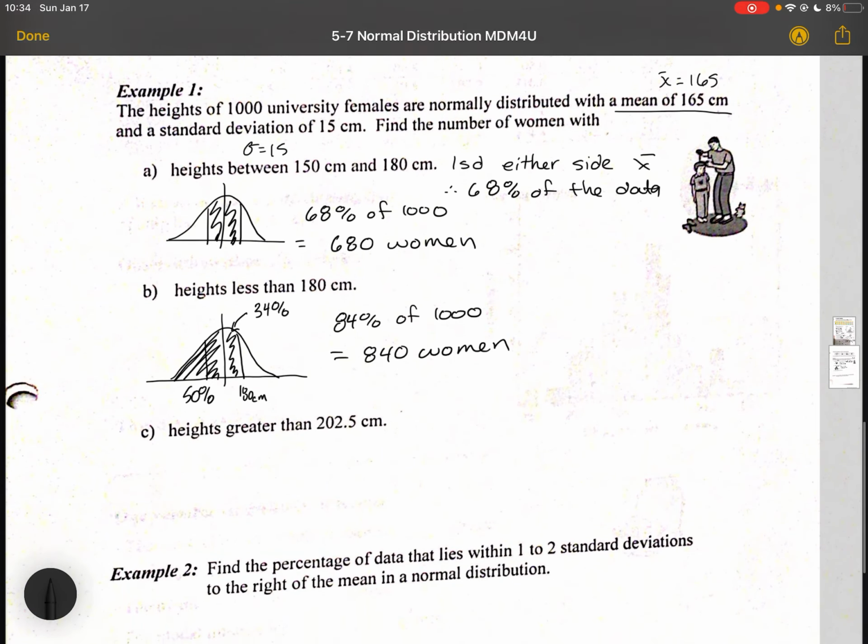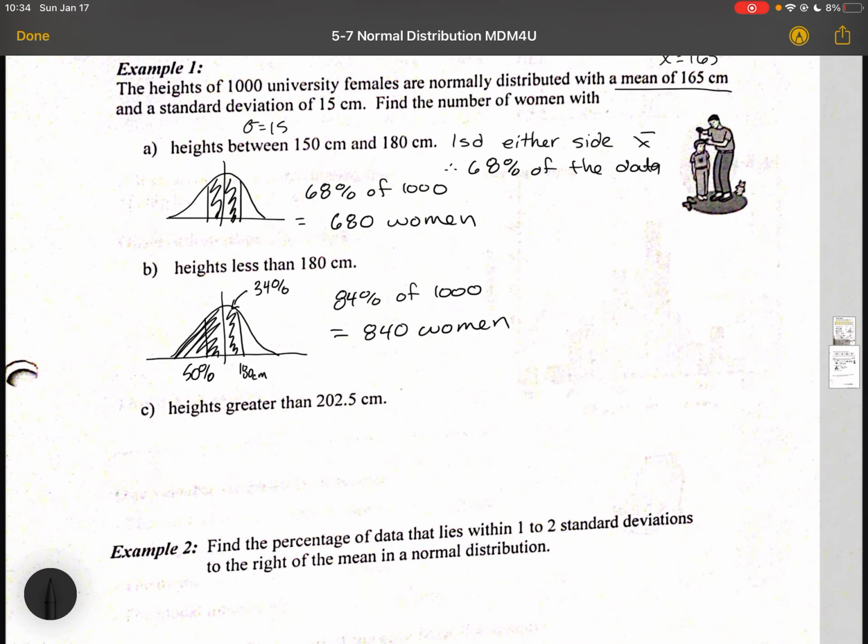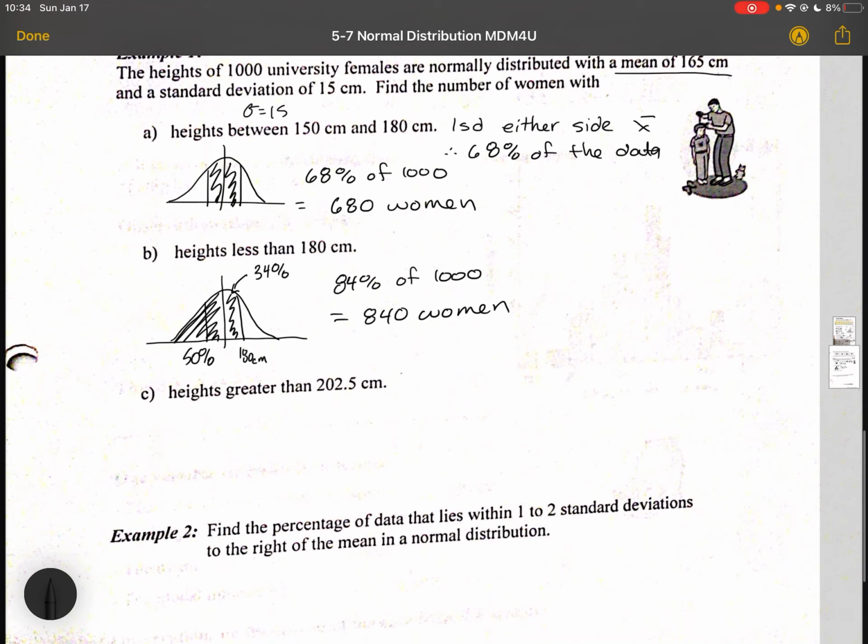So let's do one more. We've done a between, we've done a less than, now we're going to do a greater than. So if we sketch our normal distribution, we're looking for heights greater than 202.5 centimeters. So this is 2.5 standard deviations to the right. Okay.